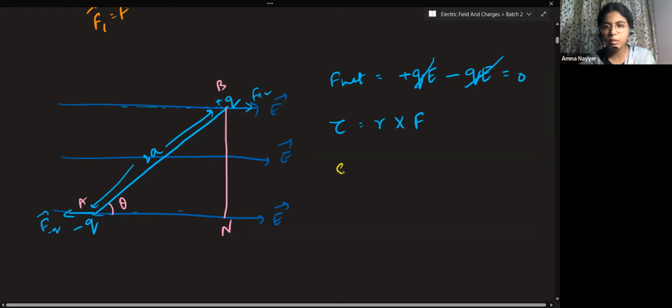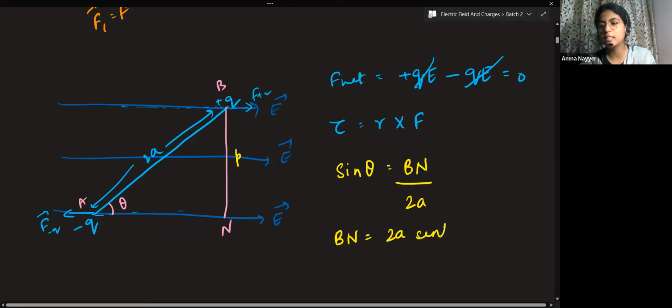In this triangle, sine theta is perpendicular divided by hypotenuse. The perpendicular is this BN, divided by the hypotenuse, that is 2a. So BN is 2a sine theta.